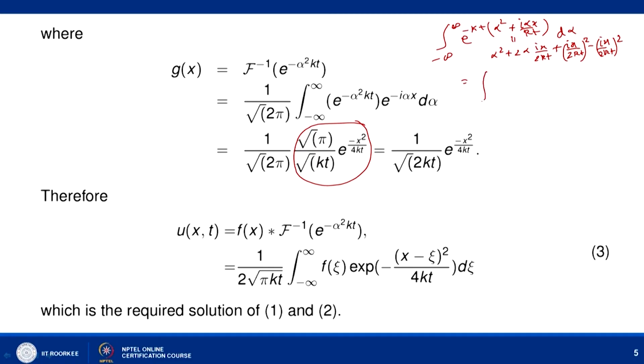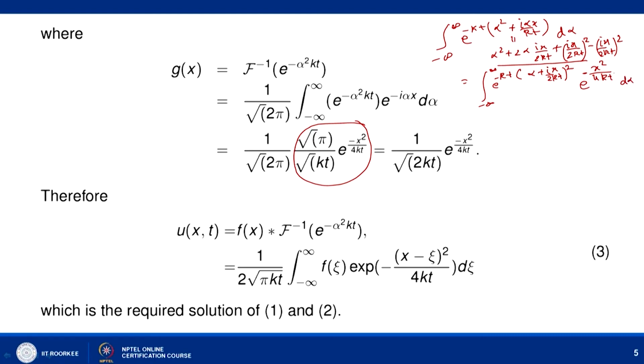So, I can write this as the integral from minus infinity to infinity e to the power minus k t. Now, this part I am writing as alpha plus i x upon 2 k t whole square, and what is left here? It is e to the power, and then i square will come out, so it is minus x square upon k t, and 1 k t will cancel out. So, we have 4 k t d alpha.